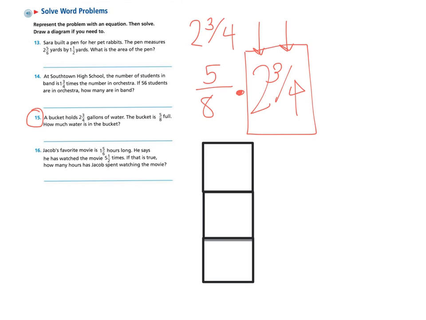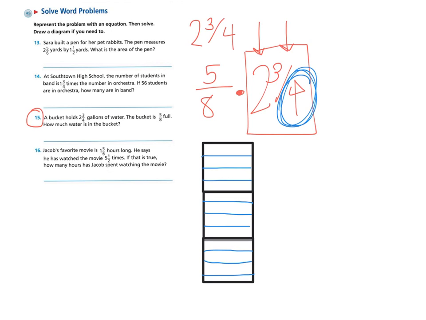So I'm going to split them in fourths horizontally. So it's going to look like this. 1, 2, 3, 4. 1, 2, 3, 4. 1, 2, 3, 4. And that's where I got the 4 from.